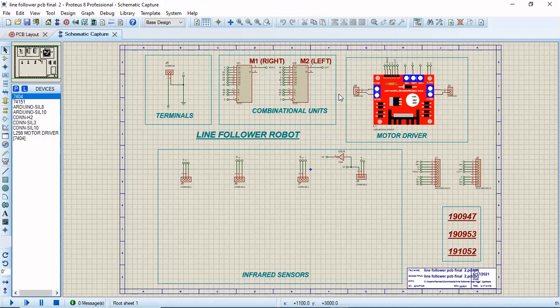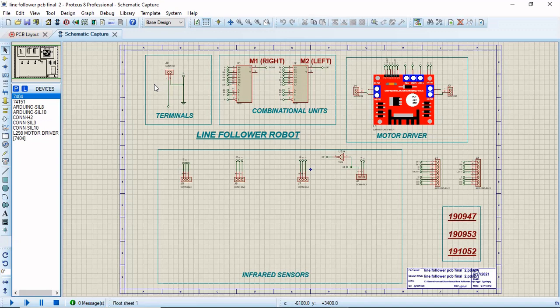So this is the schematic of the line following robot. In this, we are using a NOT IC 7404, two MUX ICs 74151 given here. Then we have cell connectors for the cells, and the motor driver L298, which is an H-bridge motor driver.